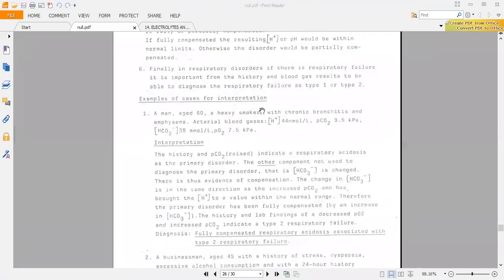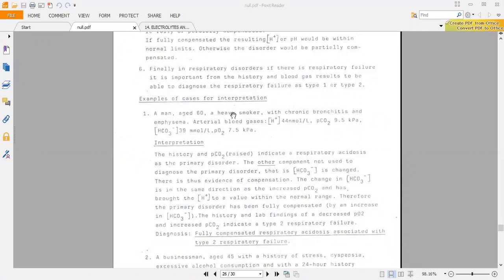So looking at the respiratory condition, look at the partial pressure of carbon dioxide first. When you see that one is high, then you look at the concentration of bicarbonate next. The only reason why I'm looking at bicarbonate here is just to tell me whether compensation has occurred or not. It's not for me to diagnose whether it's respiratory or metabolic. The clinical scenario has given that to me.